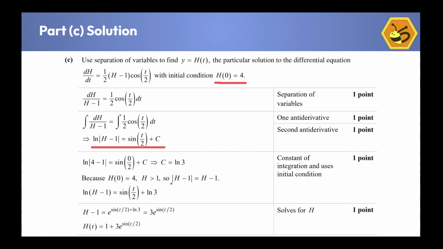This is optional. It is great if you make this argument that deletes the absolute value sign. And then we can change this to exponential form, because the natural logarithm function is basically logarithm with base e.